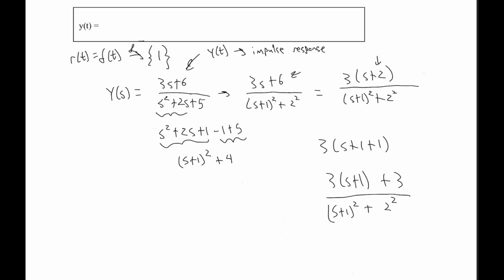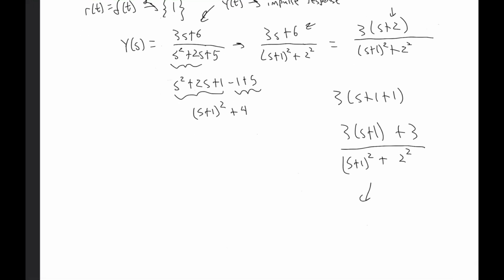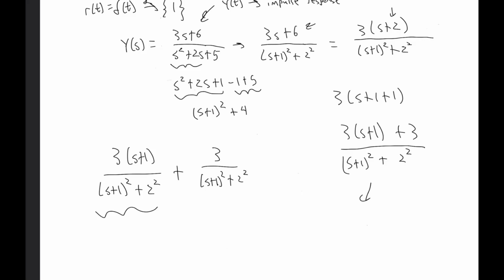Awesome. So now we can break this fraction up into two fractions. We get 3 times (s + 1) over (s + 1)² + 2², plus 3 over (s + 1)² + 2². This form is easily identifiable. If we break out the 3, we get 3 times (s + 1) over (s + 1)² + 2².